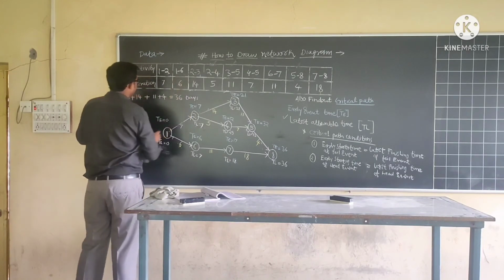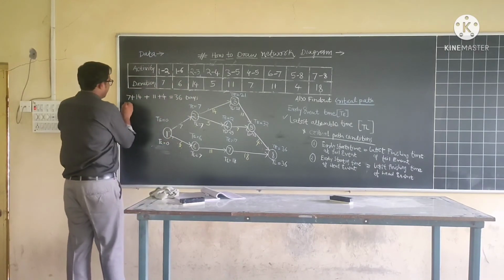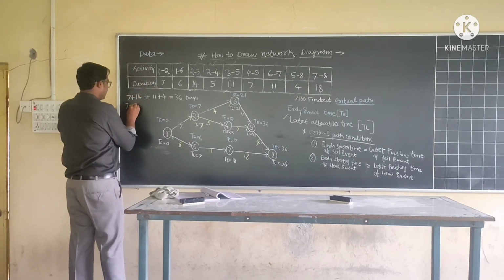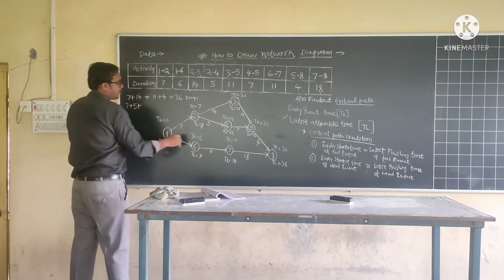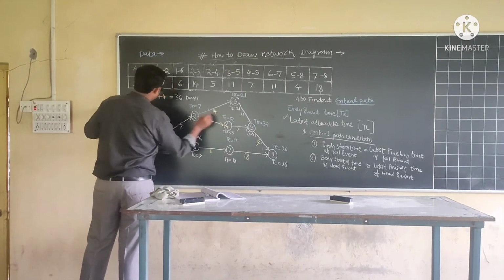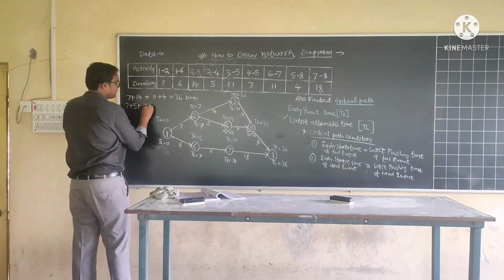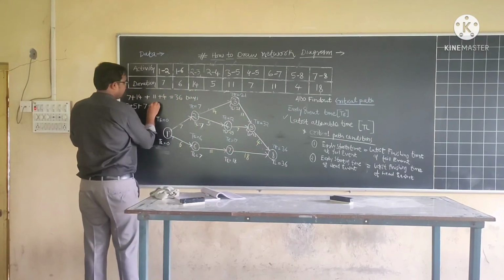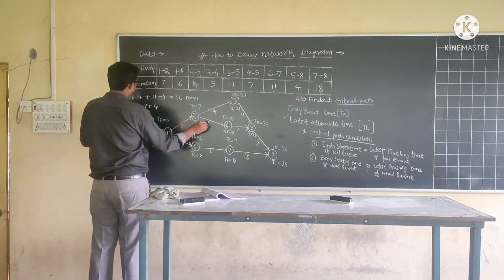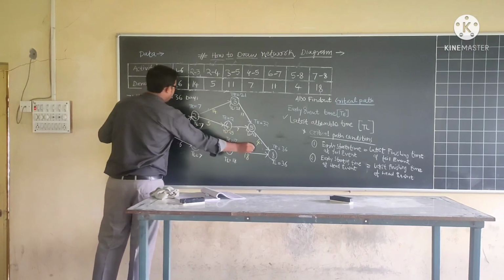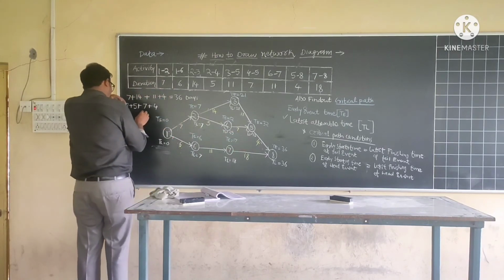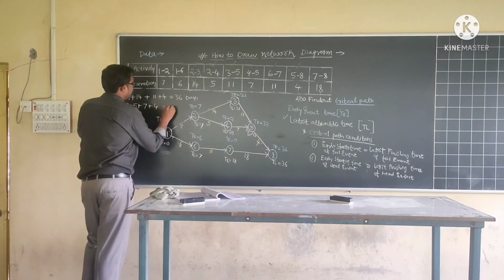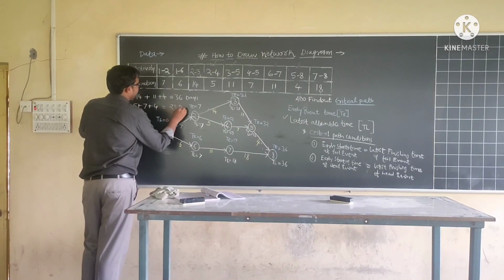Second is 7 plus 5 plus 7 plus 4, which is 23 days.